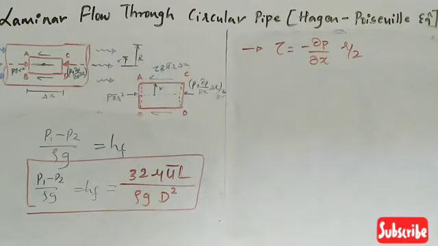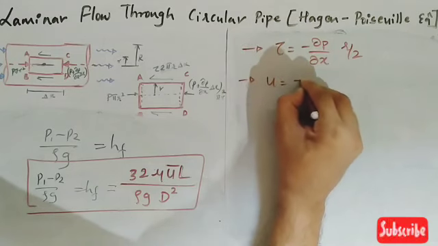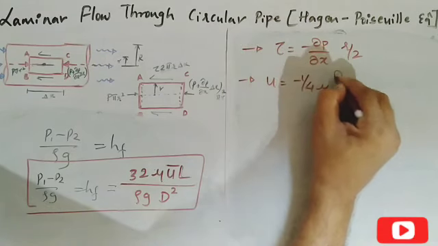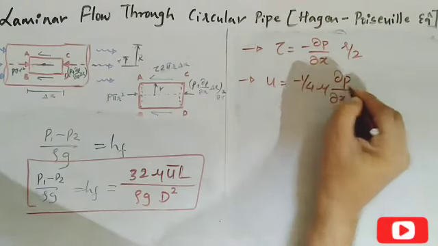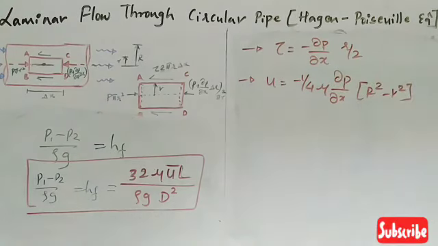This is the shear stress in this element. Now what is the velocity distribution in this element? That is the second equation: u will be equal to minus 1 by 4 mu dou p by dou x into (capital R square minus small r square). This is the velocity distribution.